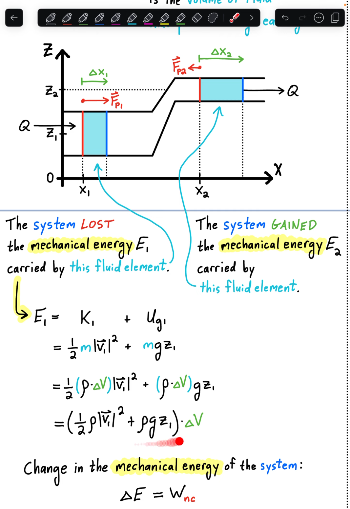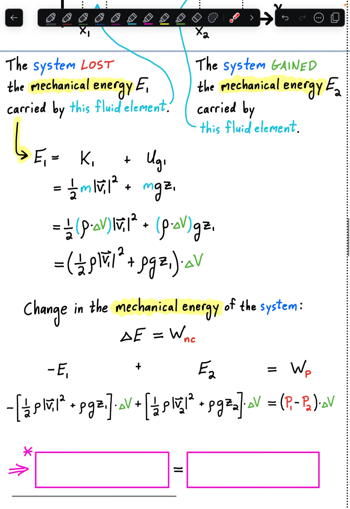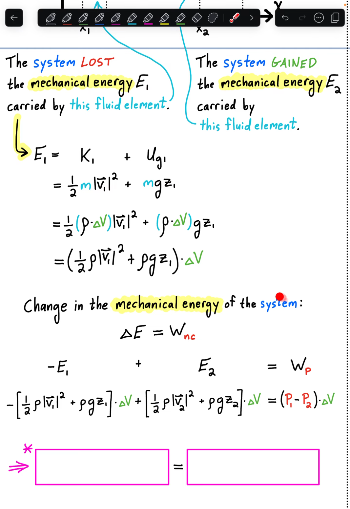So if this is our expression for the mechanical energy carried by this fluid element that was lost from the system, then we can get an expression for what we'll call E2, the mechanical energy gained by the system, the mechanical energy carried by this fluid element, just by replacing these ones here with twos. And so we'll now write the change in the mechanical energy of the system can be found by taking minus this expression.